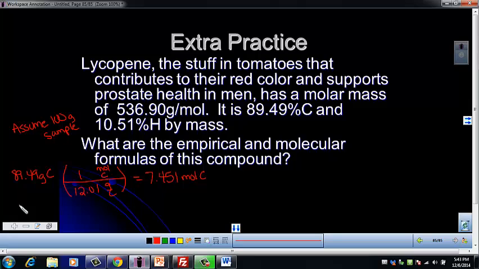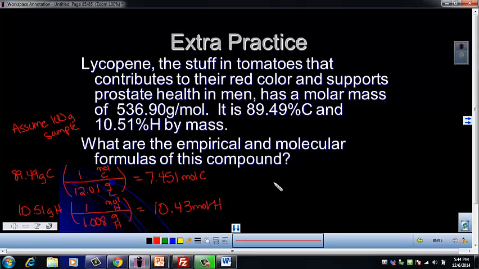And then for the hydrogen, we've got 10.51 grams of hydrogen. And we're going to convert that from grams of hydrogen, so that goes on the bottom to cancel, to moles of hydrogen. We know that 1 mole has a molar mass of 1.008 grams for hydrogen, and when you put that in your calculator, you should get 10.43 moles of hydrogen.